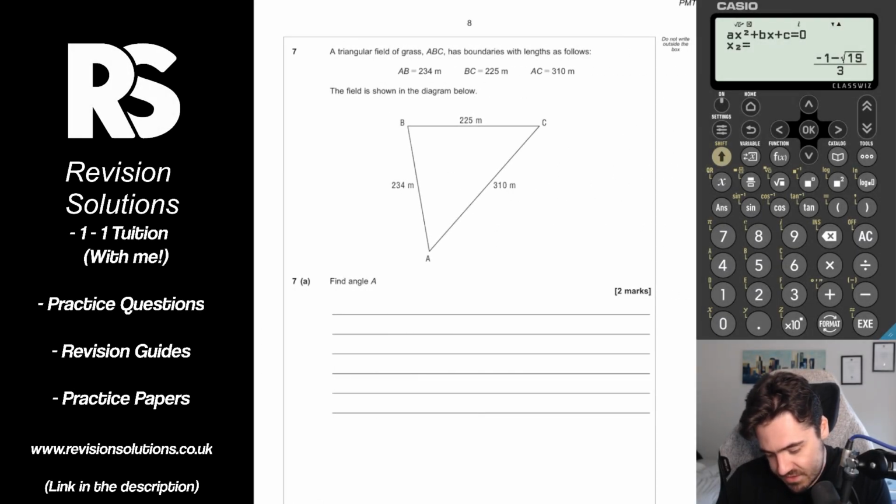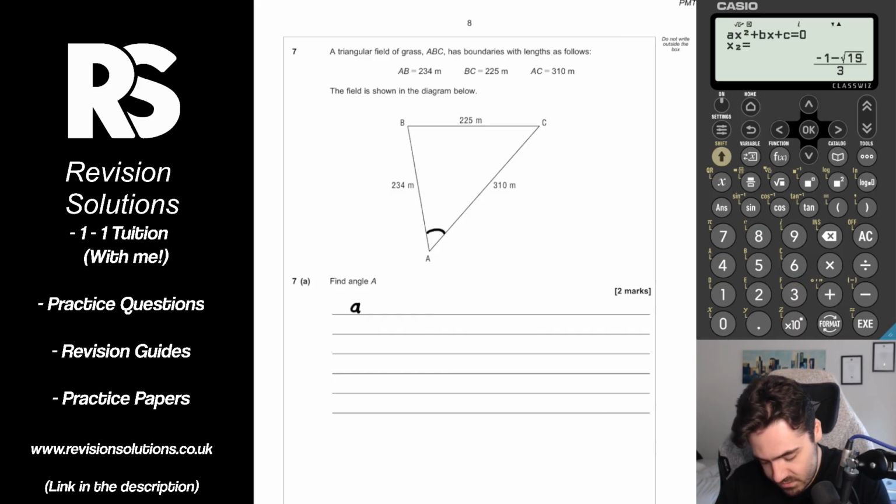Moving on now to question 7, it says a triangular field of grass ABC has boundaries with lengths as follows. AB equals 234. We've got the other lengths written out there. Can we find angle A? Angle A is the angle located at the vertex A. And we have all three sides of this triangle, meaning we can use the cosine rule.